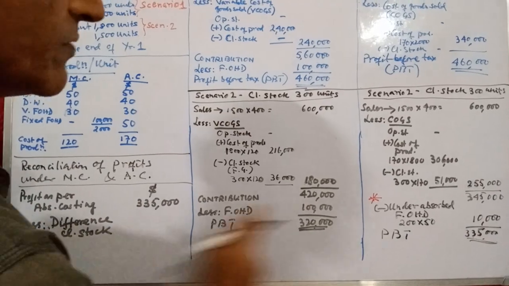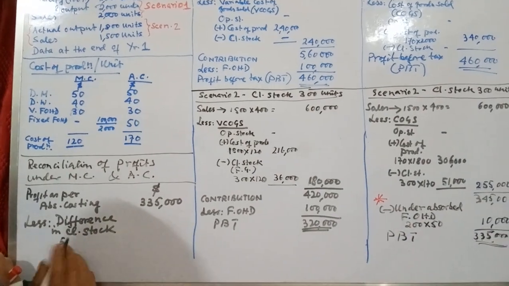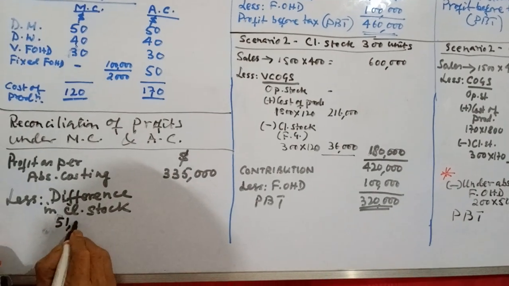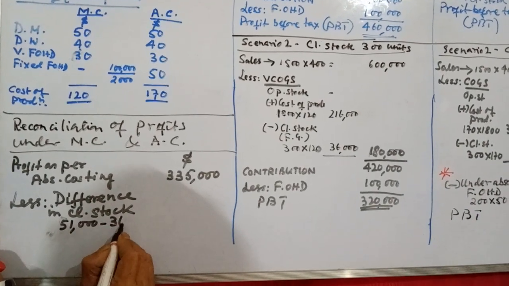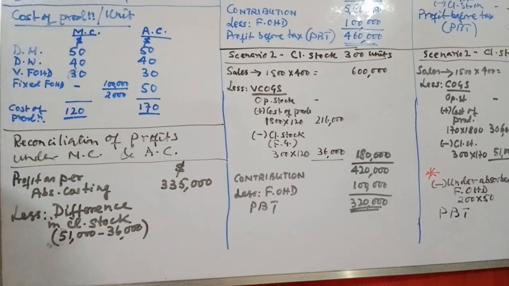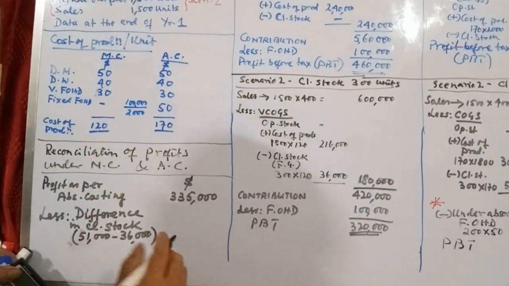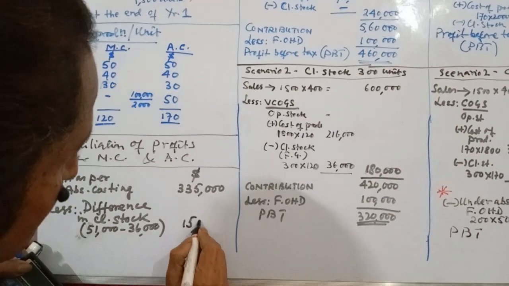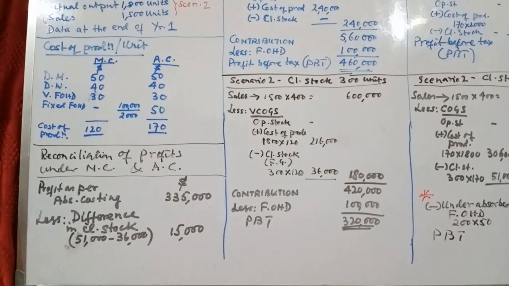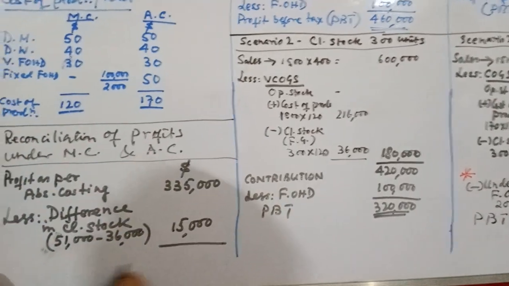So the difference will be 51,000 minus 36,000. How much? 51 minus 36 is 15,000. Okay. So we deduct 15,000 from 335,000 and we get how much?